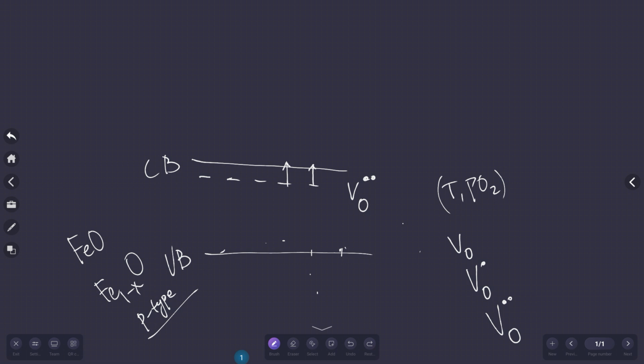These are the possibilities. In fact, under certain conditions, if you create oxygen vacancies that are neutral, there will be a very deep level in the band gap. Much deeper level, meaning that it's going to be very difficult. It requires a lot of energy to ionize, to donate one electron. So it will prefer to remain neutral. Or, under certain conditions, you may create singly ionized vacancies and the energy level will be less deep.